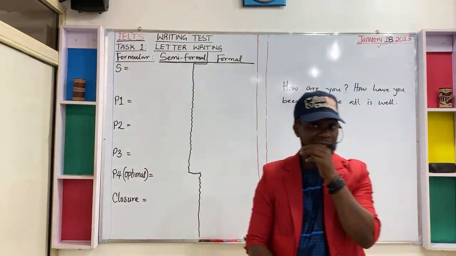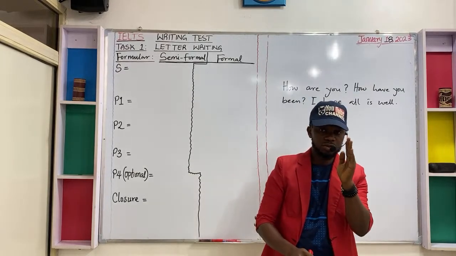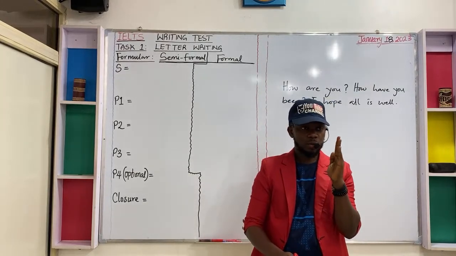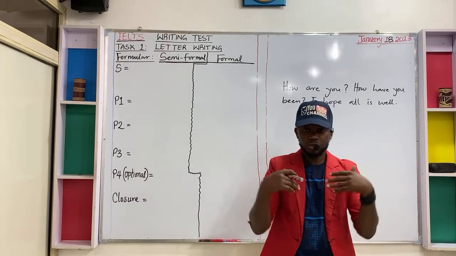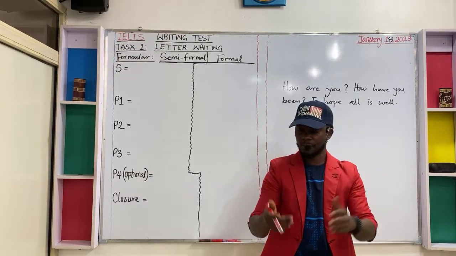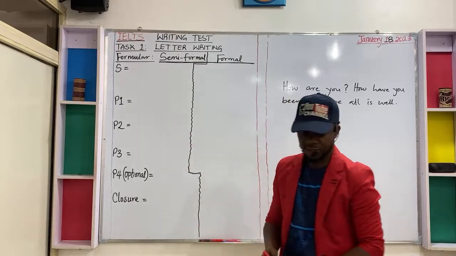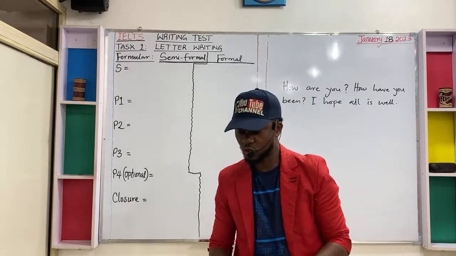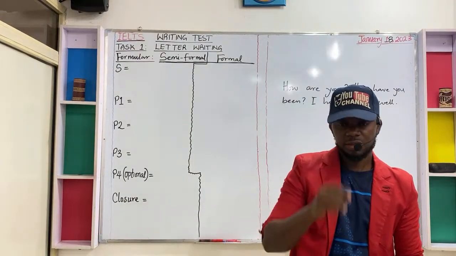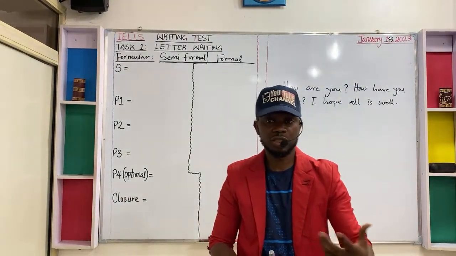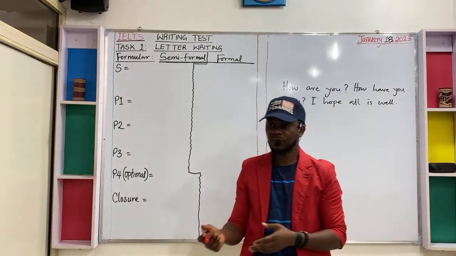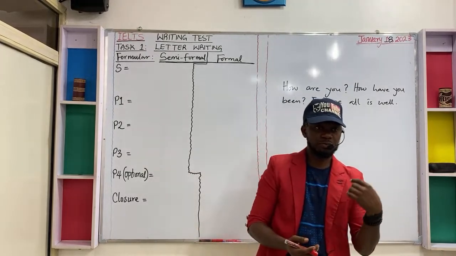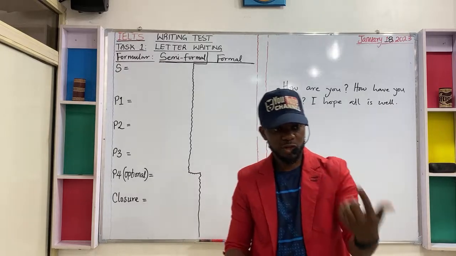So formal letters you write and you accord formal qualities and characteristics. You don't know who is there, so you just write it and it has to be very formal. Then the semi-formal letters, these are letters you write to people that you have official relationship with.